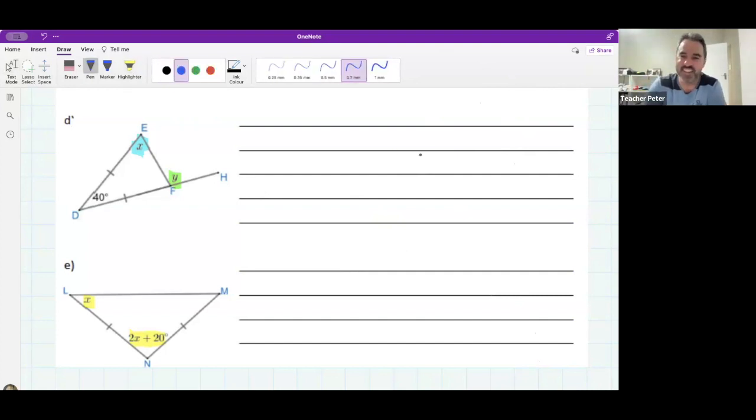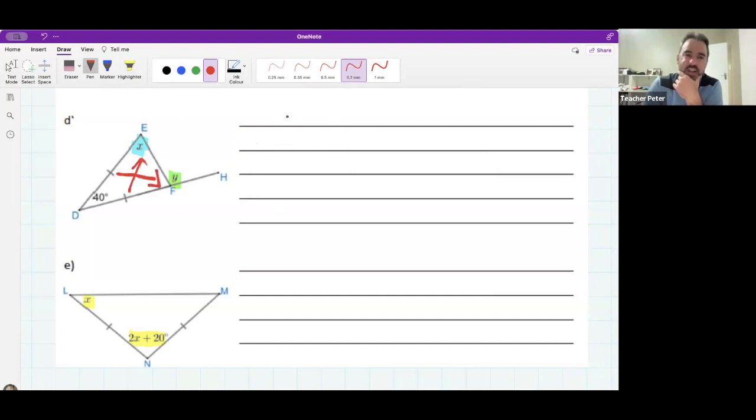Okay, let's see what we can do to find this one. Okay, so here it feels to me like this is opposite that side and this is opposite that side.